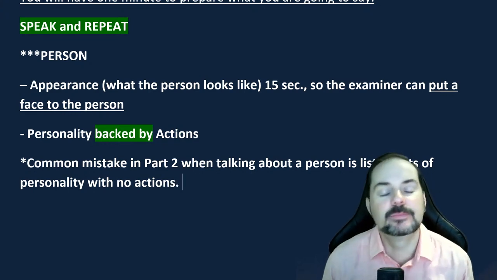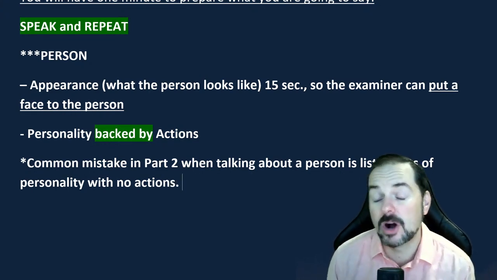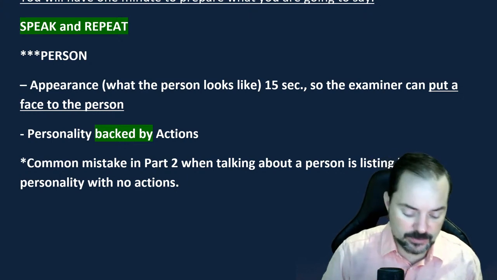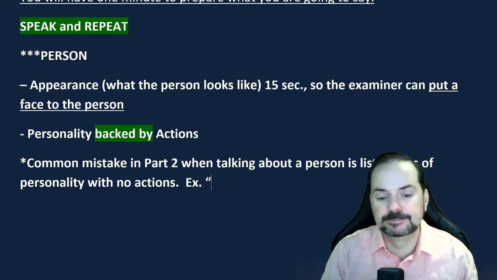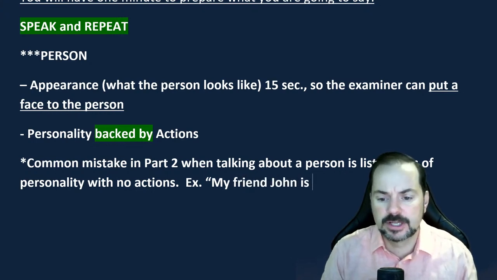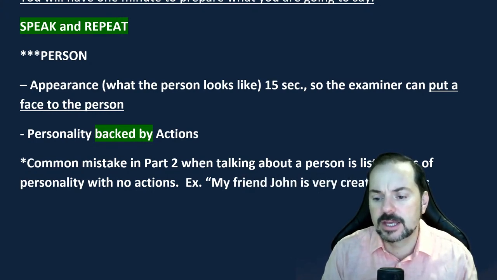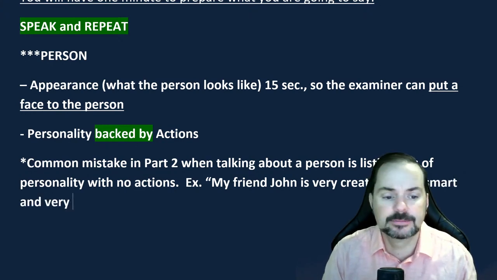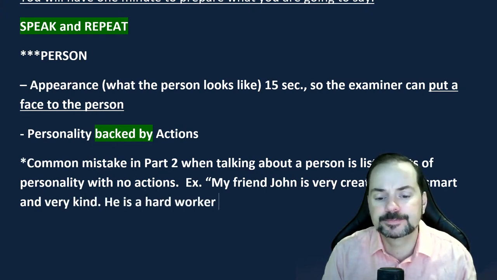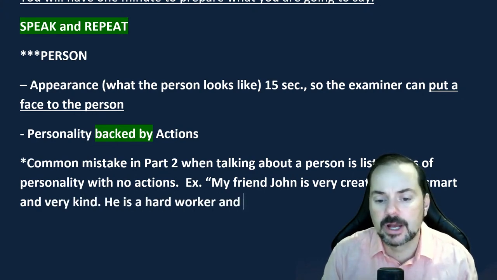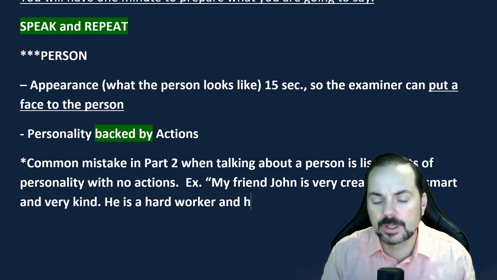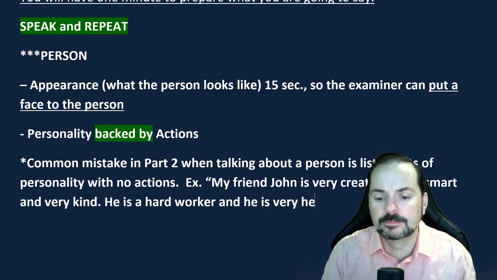So I hear this often where a candidate will say something like, my friend John is very creative. He is smart and very kind. He is a hard worker, and he is very helpful.